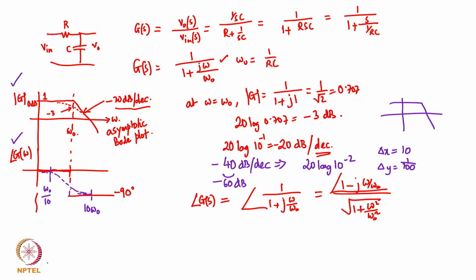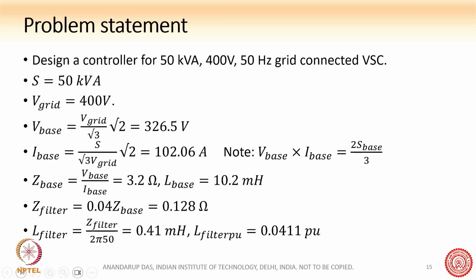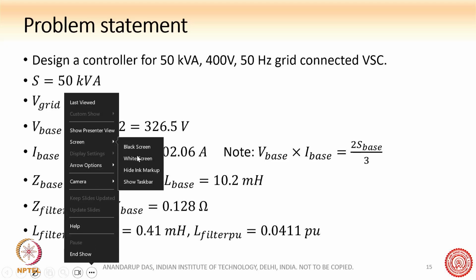In a similar way, you can also draw the single zero response. So how does the zero look? G(s) will be equal to 1 plus s by omega 0.